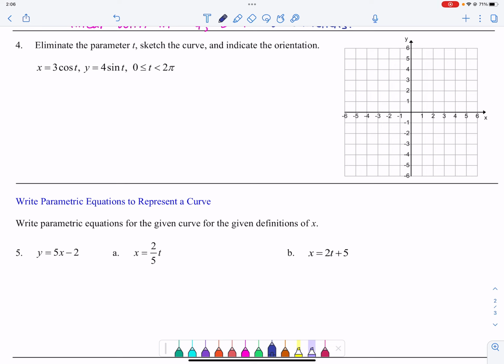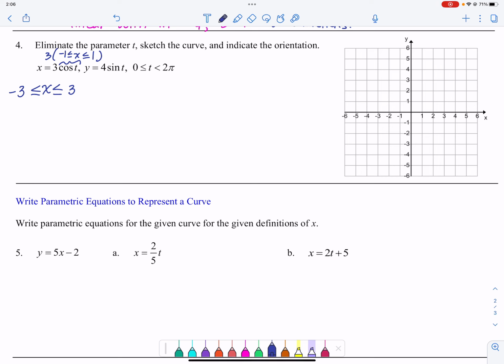When we have 3 cosine of t, we know that x is going to be between -3 and 3. The cosine is between -1 and 1. And then when we multiply 3 times that, we now have our restriction on x.